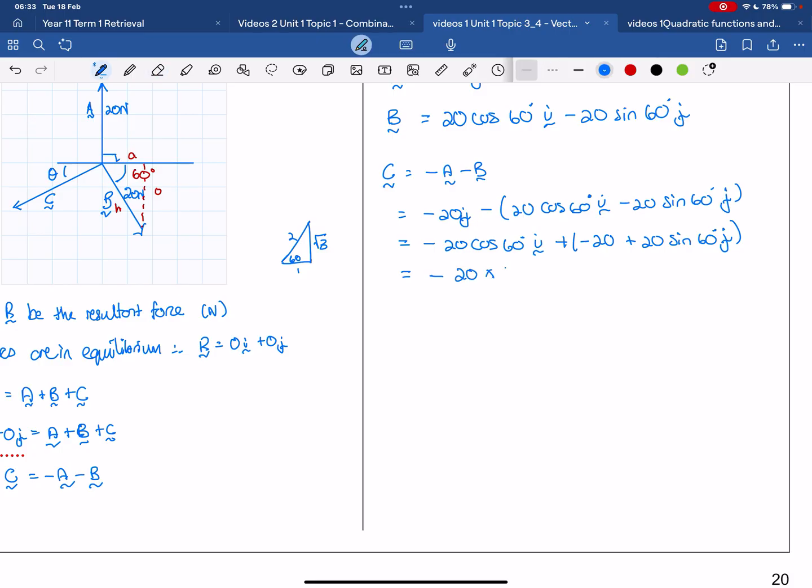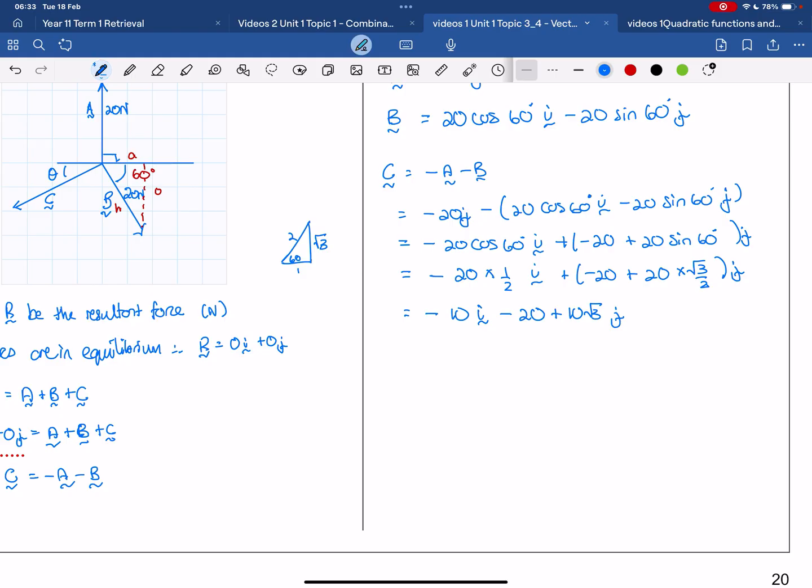Negative 20 times a half I plus negative 20 plus, and sine of 60 is root 3 on 2. That J should be outside. And that leaves me with negative 10I minus 20 plus 10 root 3 J.